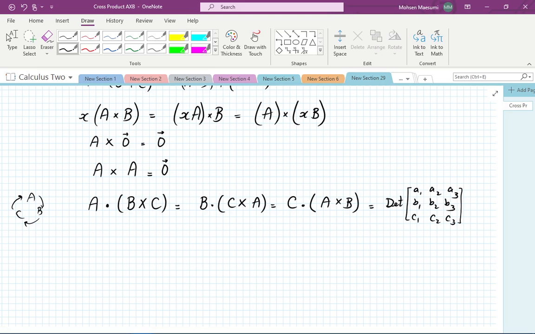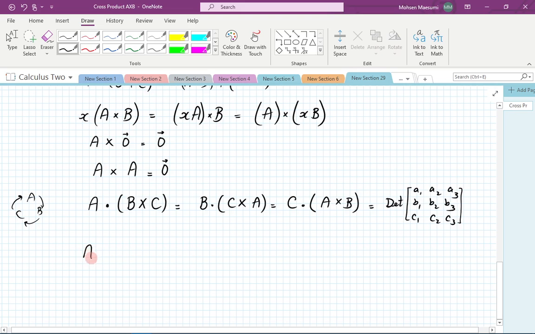Okay, and many other properties. One of the perhaps most complicated properties to memorize and actually to show by detailed work is the double cross product.